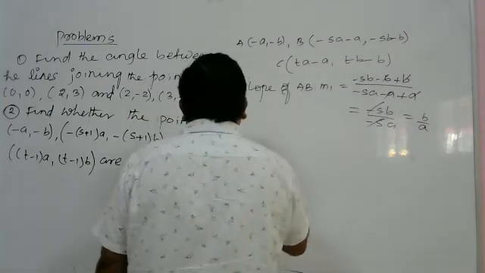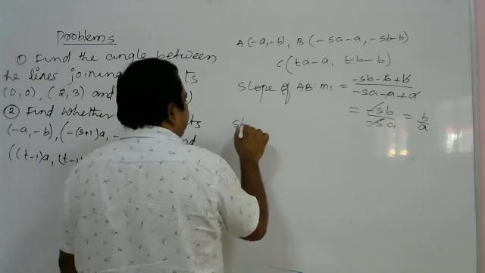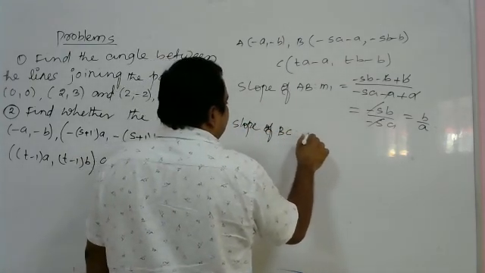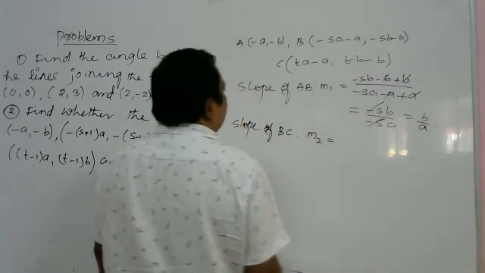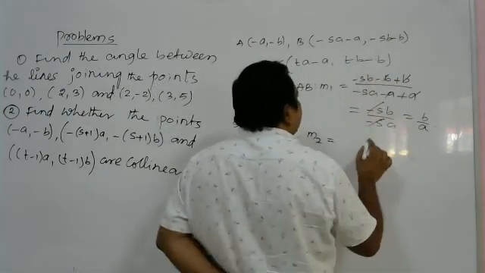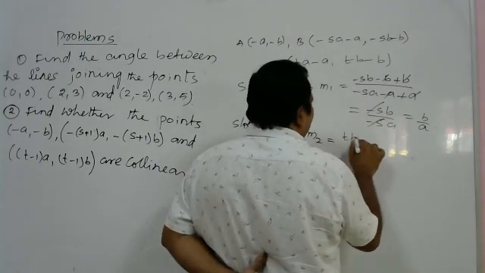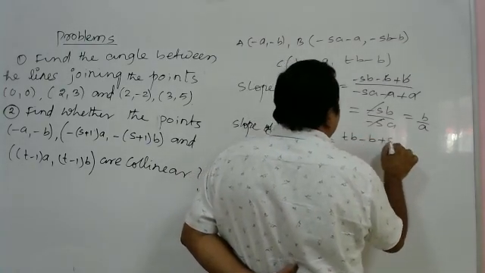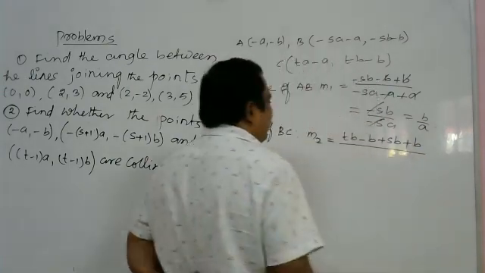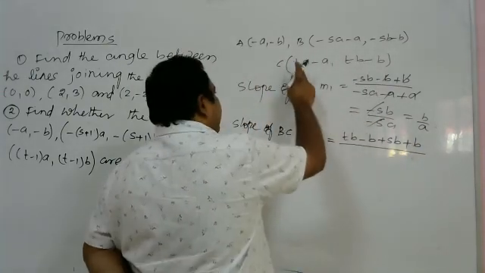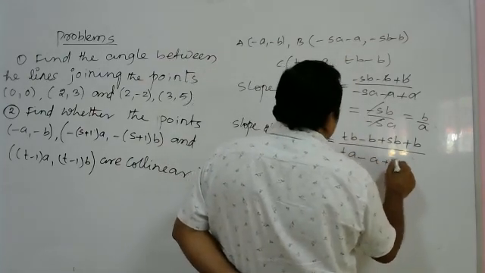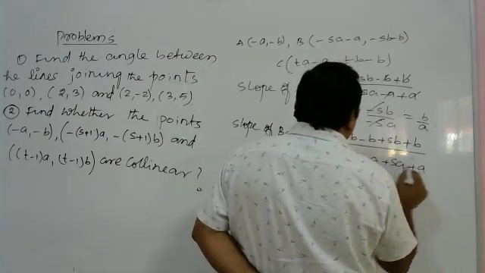Next, the slope of BC, M2. What will we get? tb minus b minus this plus sb plus b, divided by ta minus a minus this plus sa plus a.